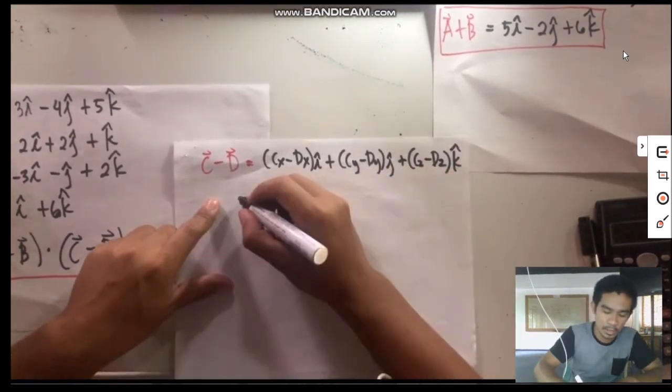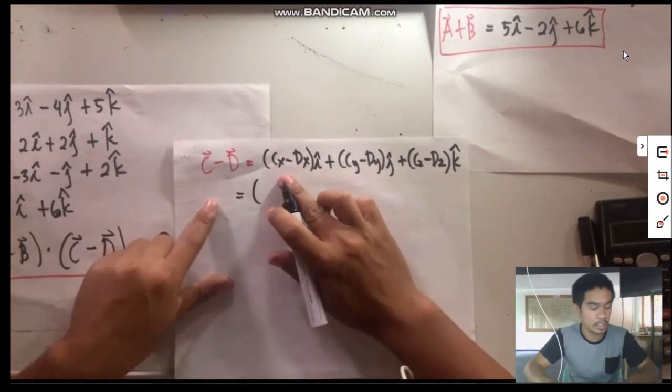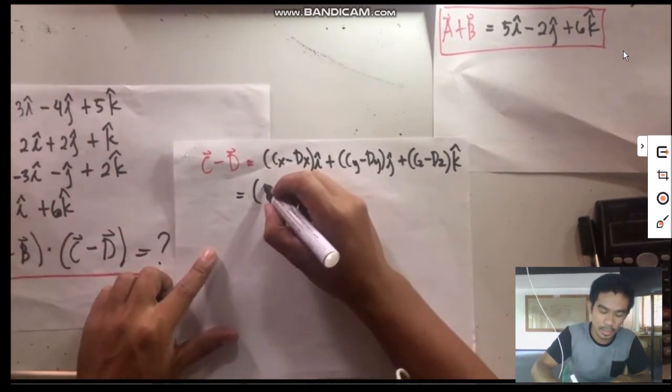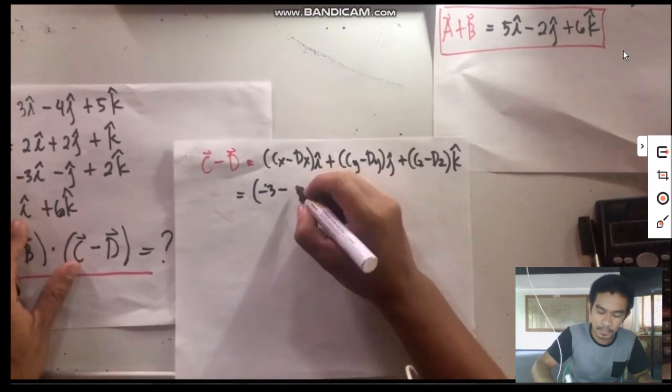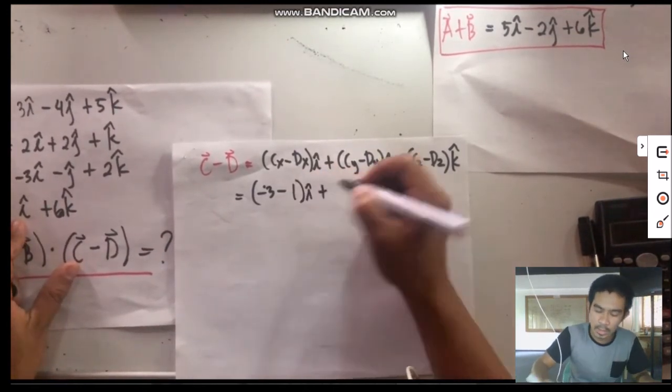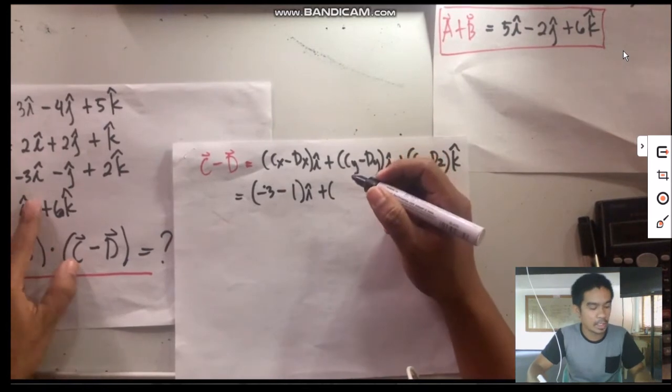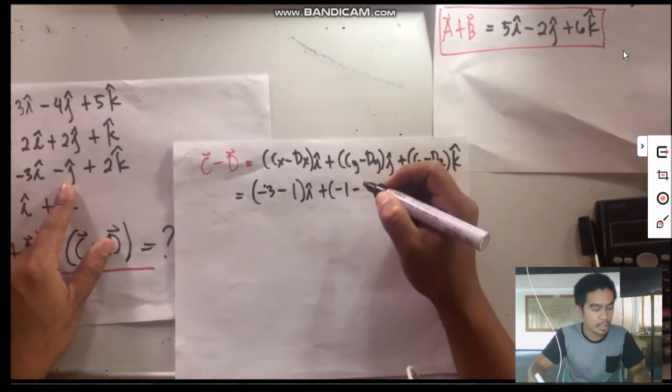Alright, so what is CX? Negative 3 minus DX, that is 1, I hat plus CY, that's negative 1 minus DY.